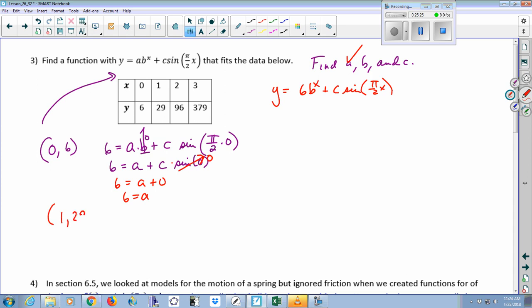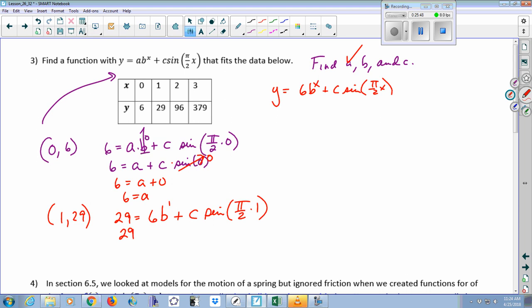We have 1, 29. Okay, so my Y value is 29 when my X value is 1. But now I know what A is, so I'm going to put in 6 for A. B to the first plus C times the sine of pi over 2 times X, which is 1 in this case.